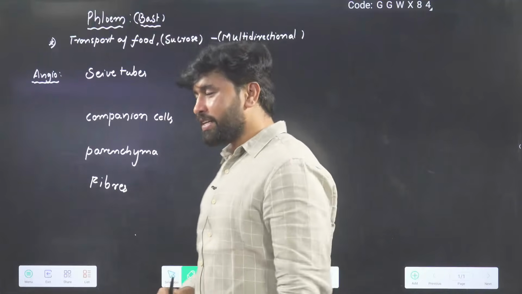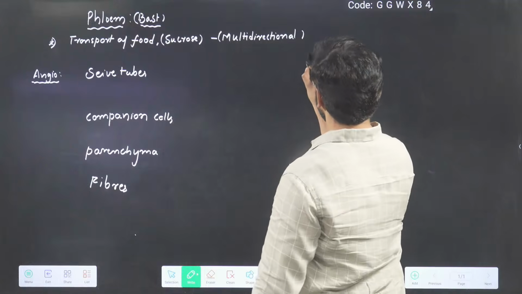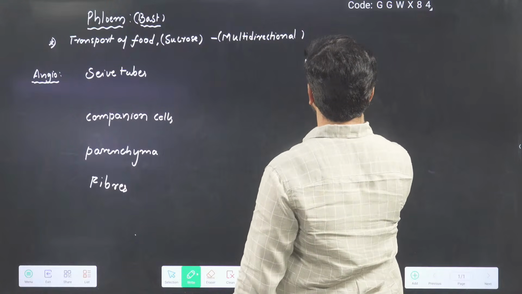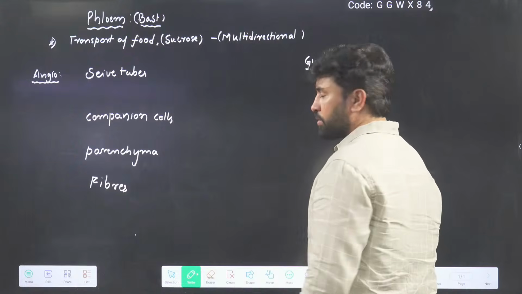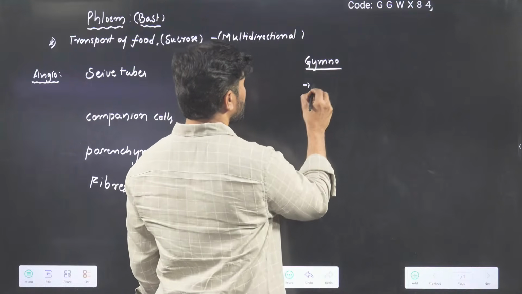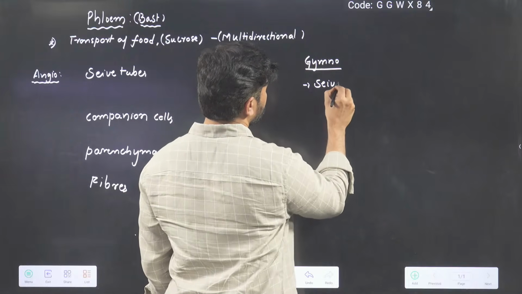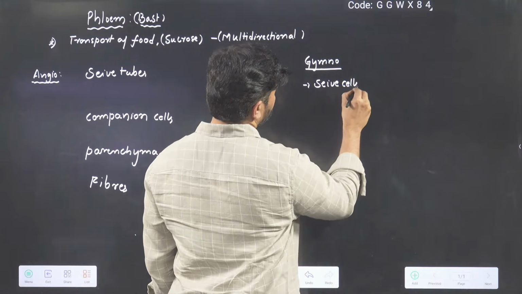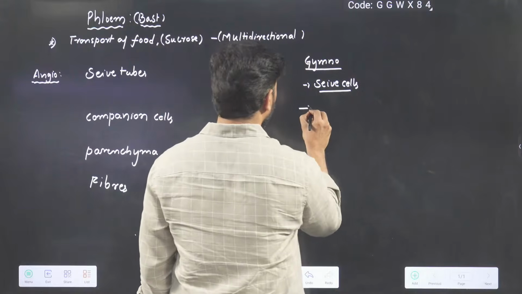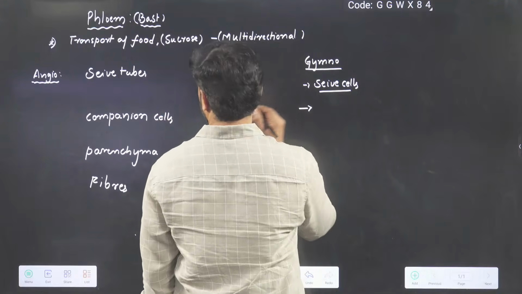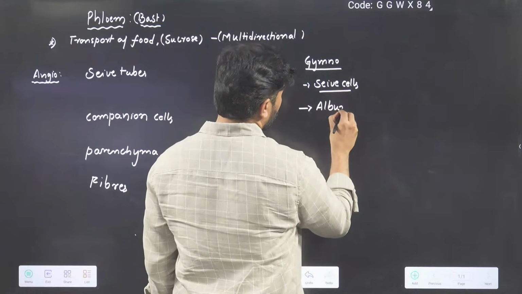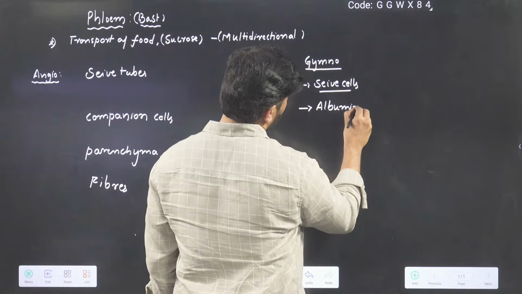Let us observe the case of gymnosperms. What is the composition? They are also vascular plants. What kind of tissues do they possess? They possess sieve cells. They don't have sieve tubes, keep it in mind. And they do not have companion cells. Instead of companion cells, they have albuminous cells.